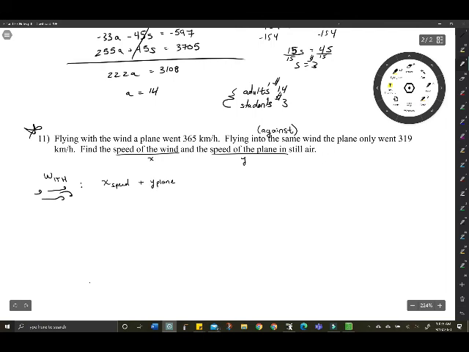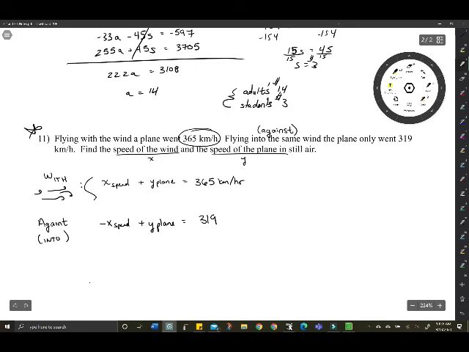So you have both of those speeds contributing, in this case, to 365. Against the wind, or into the wind, you are traveling against the speed of the wind. So it's going to be minus x for the wind speed. You just have the speed of the plane. And we know that's equal to 319.